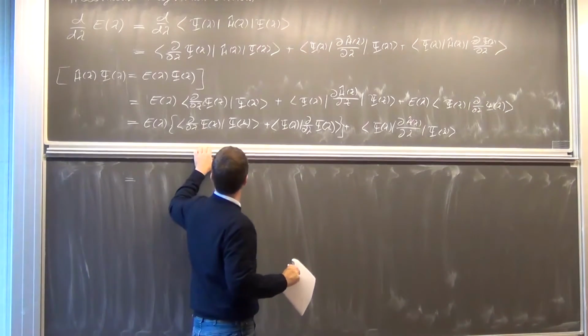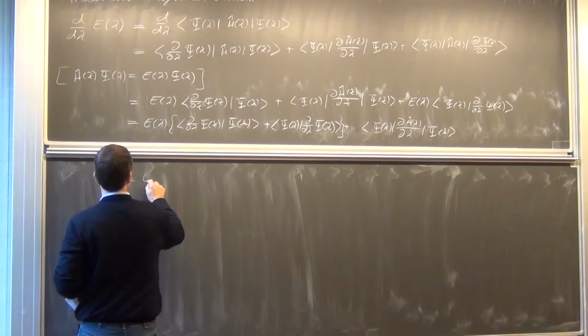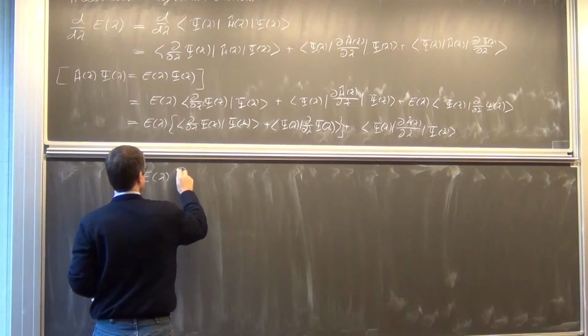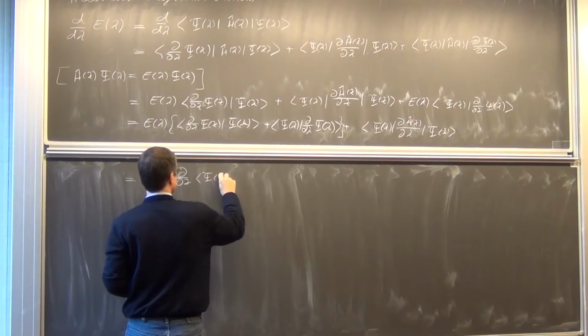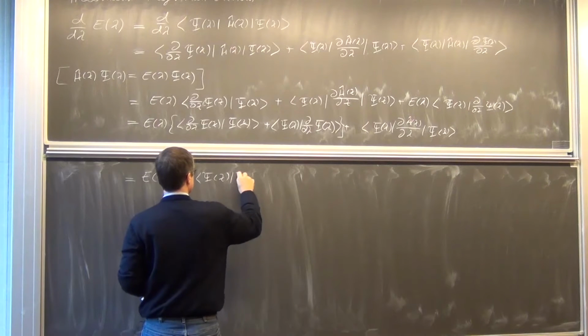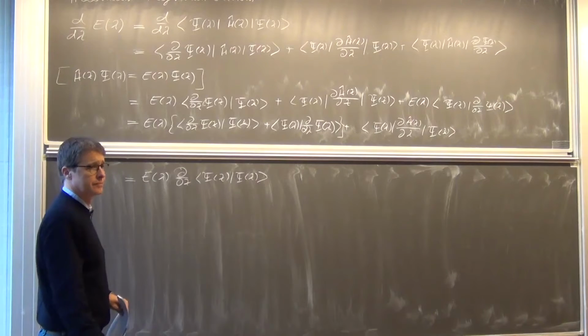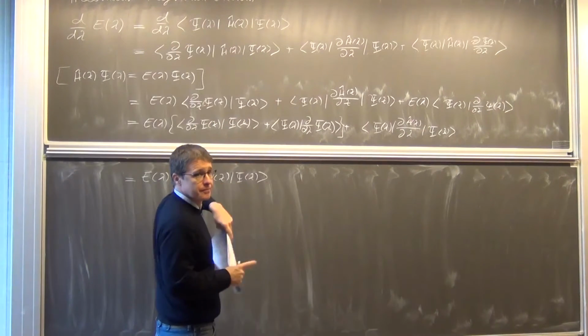Now what I can do, I can combine those two terms, and I can write them as this, actually being the derivative of the overlap of the function, like this. This is sort of just like here, but going backwards now.